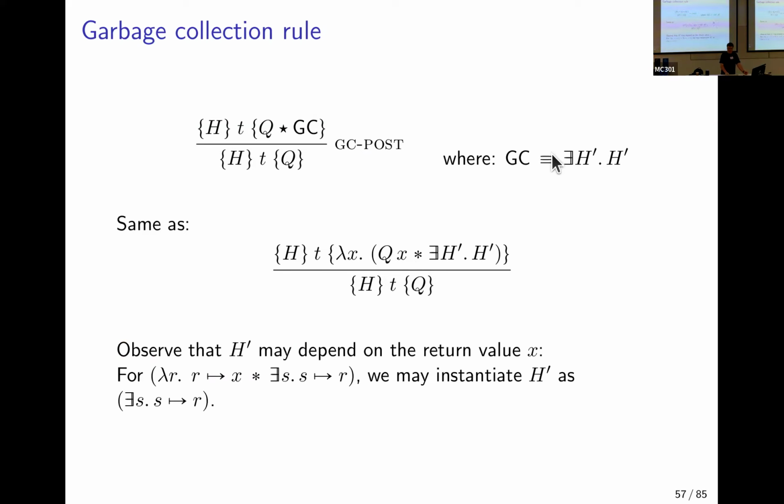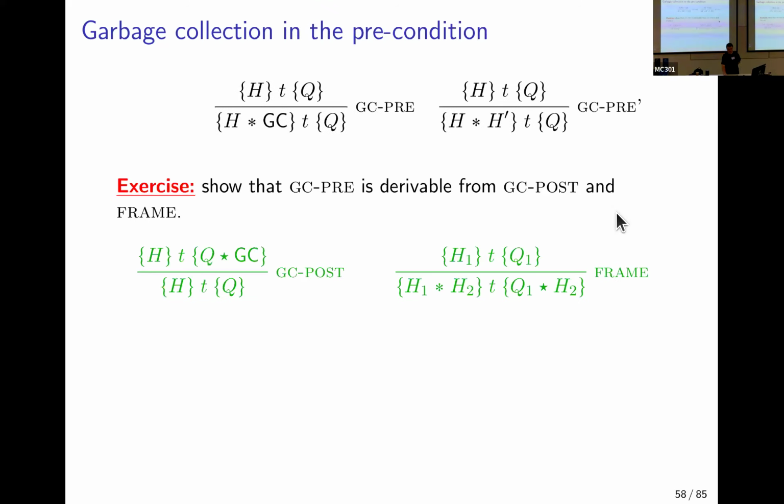And so in this case, you can instantiate H prime as there exists an S so that S points to R. It's fine. You hide the X behind the exists. It does depend on the heap, but that's fine. That's supposed to be the case.